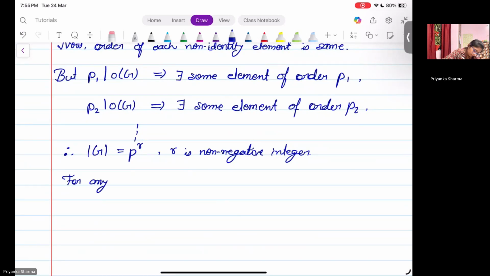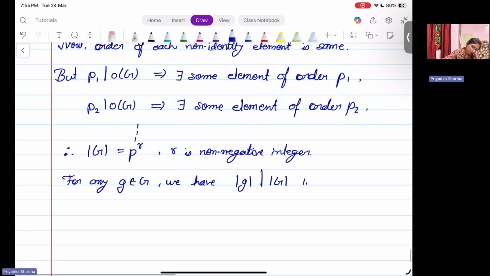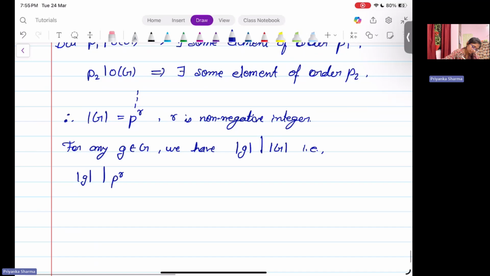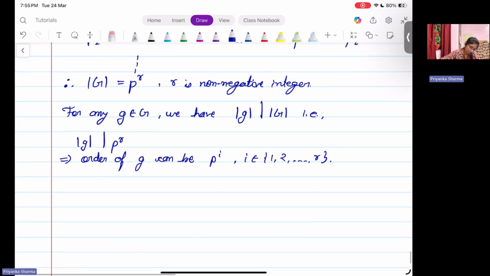For any g belongs to G, we have order of g divides order of the group, that is, order of g divides P to the power R. Therefore, order of g can be P to the power I, where I belongs to 1 up to R. Okay, 0 can't be this time as we are taking non-identity.